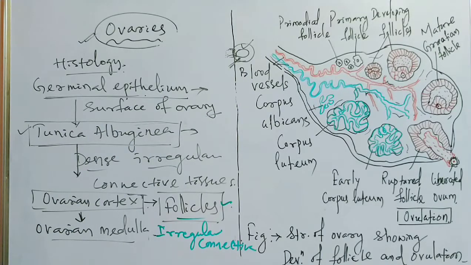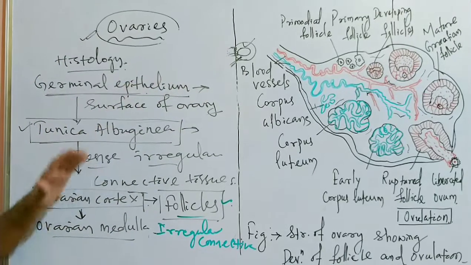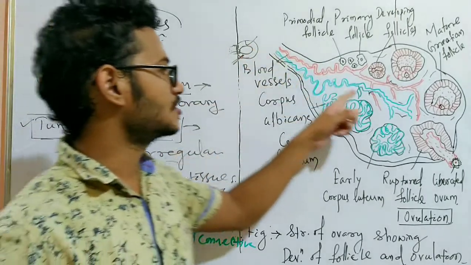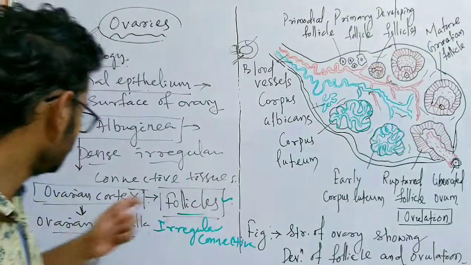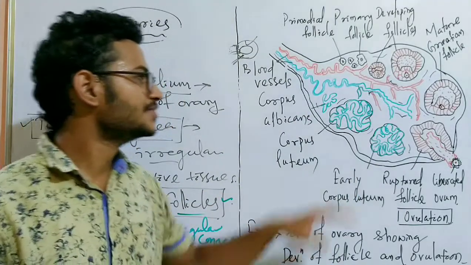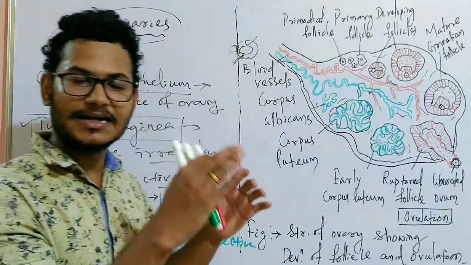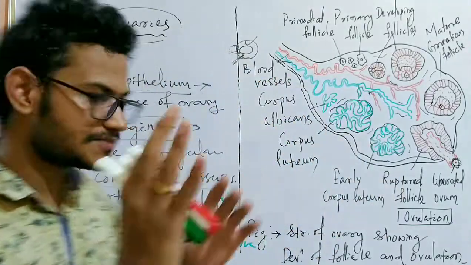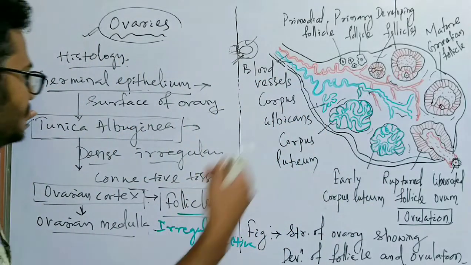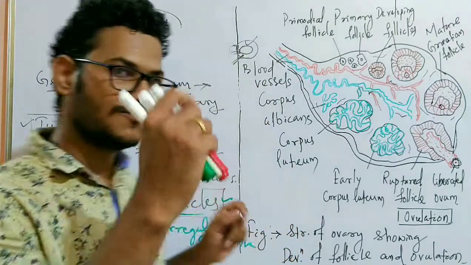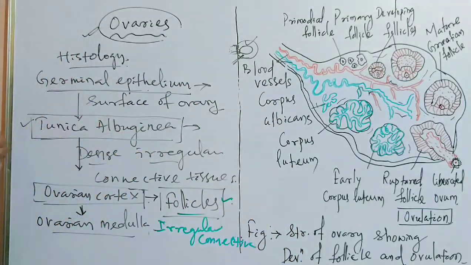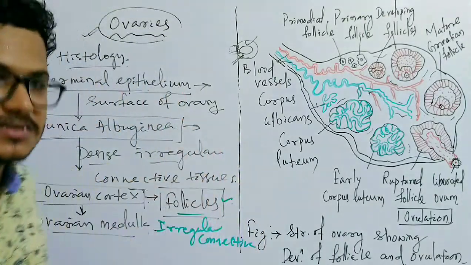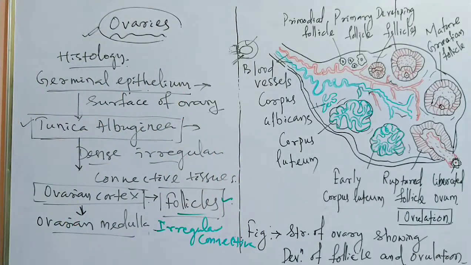Along with the blood vessels, the lymphatic vessels are also present, and the nerve supply is also there in the region of the ovarian medulla. So these are the different layers of the wall of the ovary. The outer surface is made up of the germinal epithelium. If you go deeper, you will find the tunica albuginea, which is whitish, fibrous, irregular, dense connective tissue.